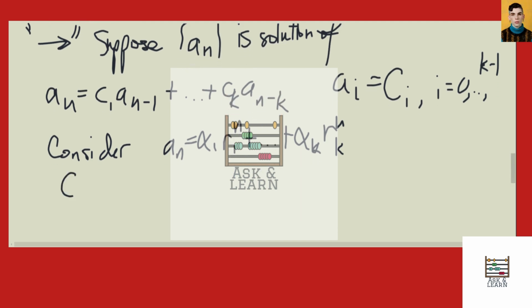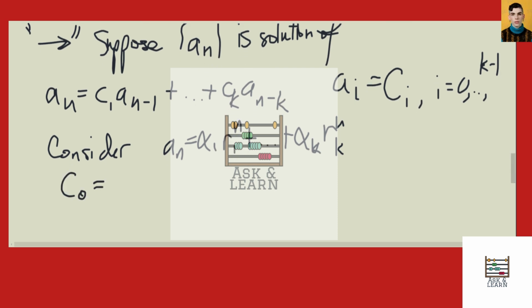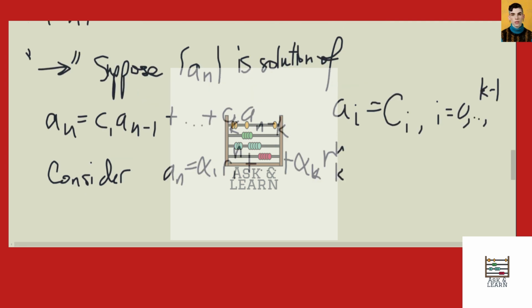And we want to show that the sequence defined by alpha 1 r1 to the n all the way out to alpha k rk to the n satisfies the initial conditions. So consider an equals alpha 1 r1 to the n plus alpha k rk to the n.